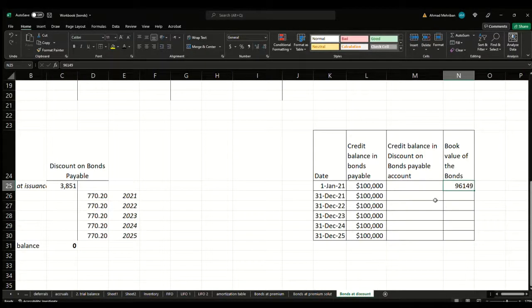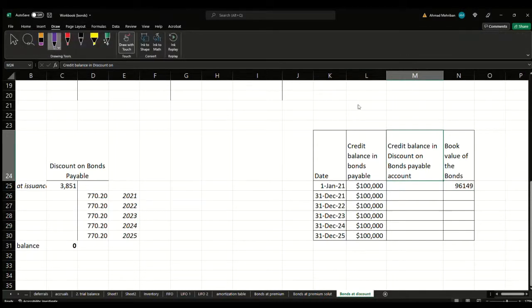So again, if we look at our amortization table for the discount case here, we're going to have our amortization table calculated in a bit different way.